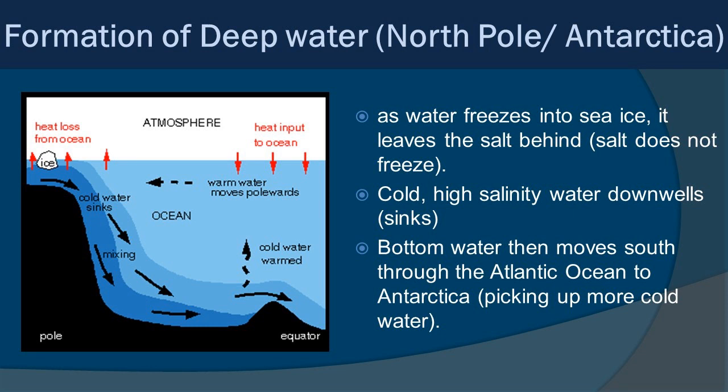As water freezes into sea ice, it leaves the salt behind. Salt basically doesn't freeze. Cold, high salinity water downwells or sinks. That forms the bottom water that then moves south through the Atlantic Ocean towards the Antarctic, where it picks up more cold, salty water.